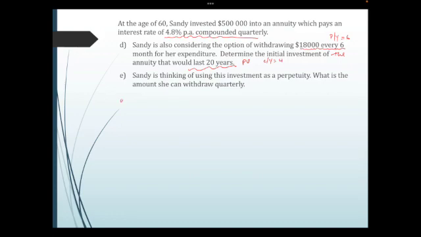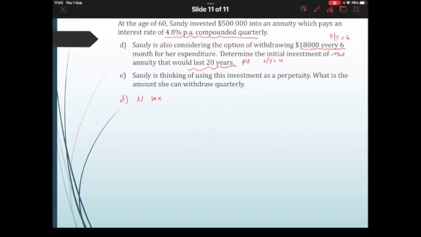So here, CY is 4. So D will then be N equals 20 times, actually no, we can't do that. We don't know what N is.